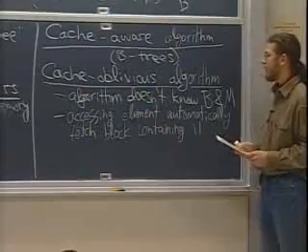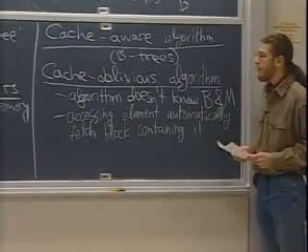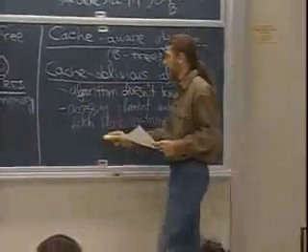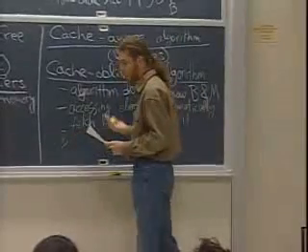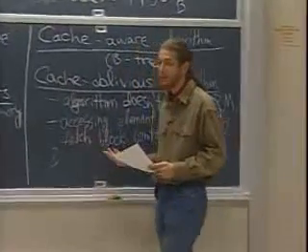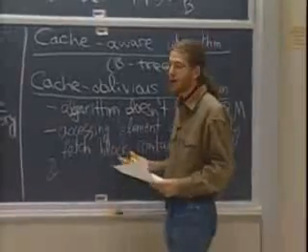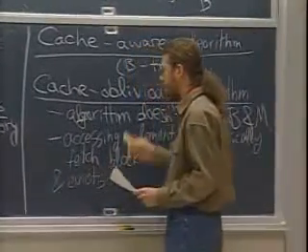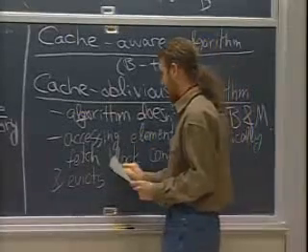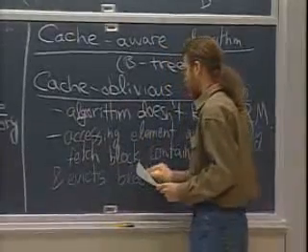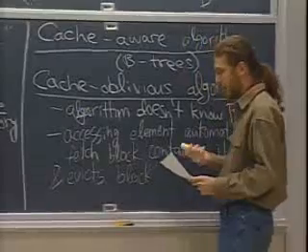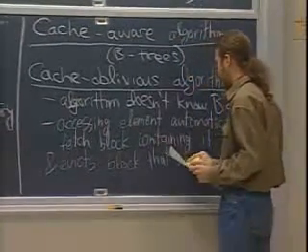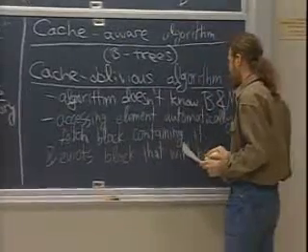Another catch here is, what if your cache is full? Then you've got to kick some block out of your cache. So we need some model of which block gets kicked out, because we can't control that. We have no knowledge of what the blocks are in our algorithm. So what we're going to assume in this model is the ideal thing. When you fetch a new block, if your cache is full, you evict the block that will be used farthest in the future.